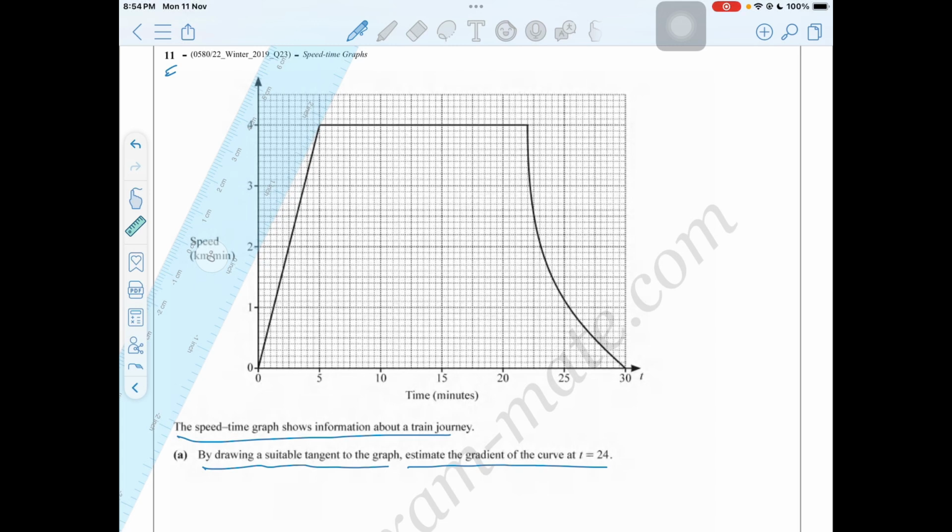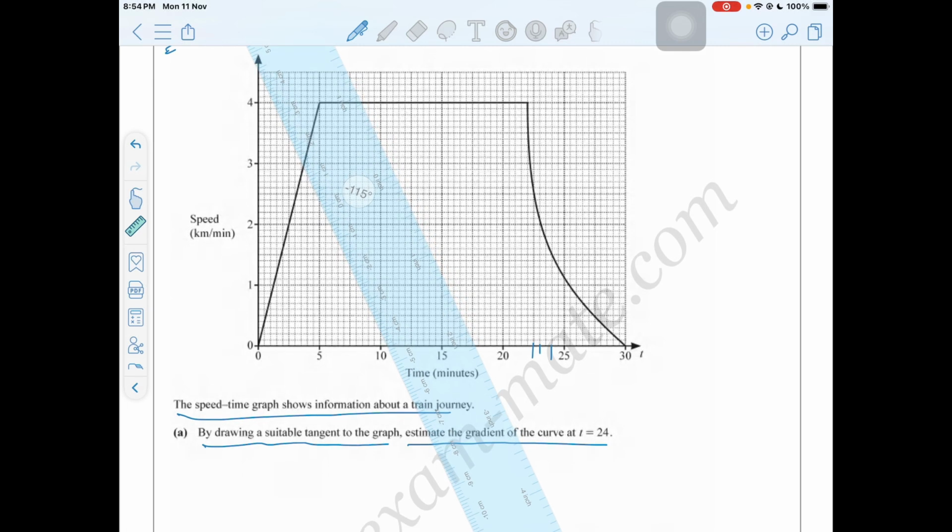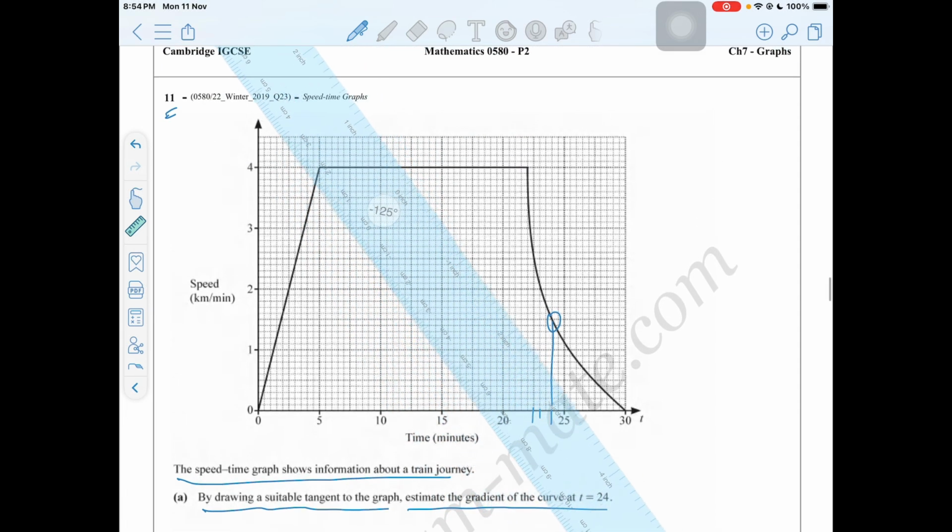So here we need a scale. t is equal to, this is 22.5, this would be 23, this would be 24, right? So this would be the point. Let's just move our scale over here, so it looks something like this, right?